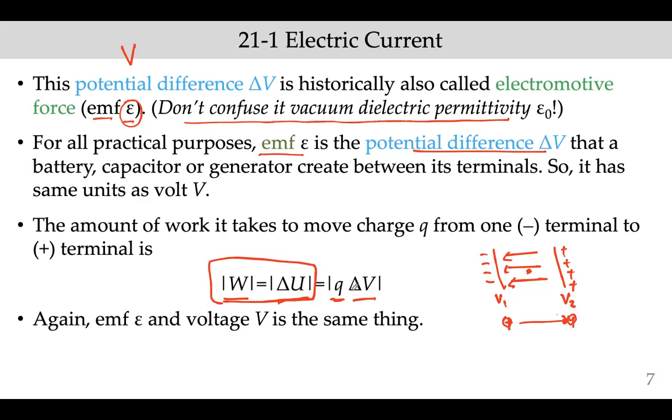We first calculate the potential difference, which is V2 minus V1, and multiply by the charge Q. That gives the change in potential energy, which is the same as the work that needs to be done.